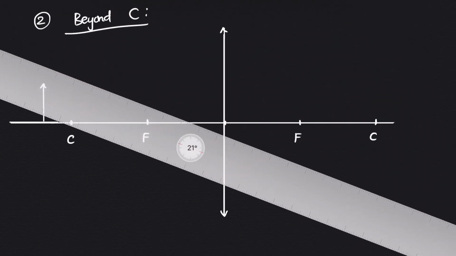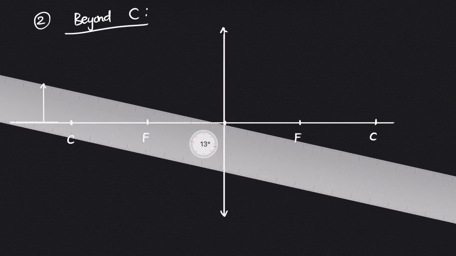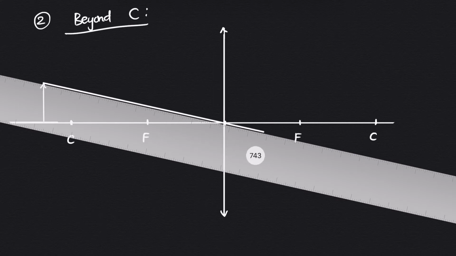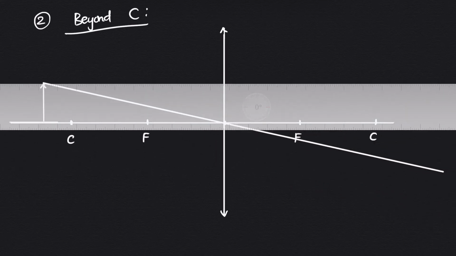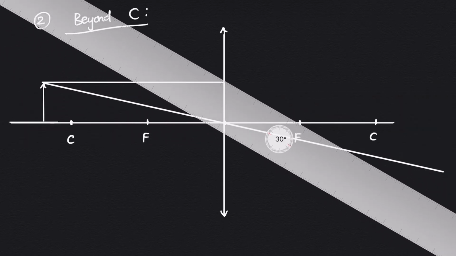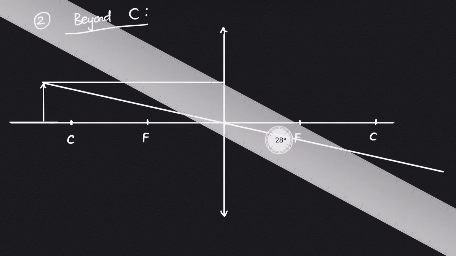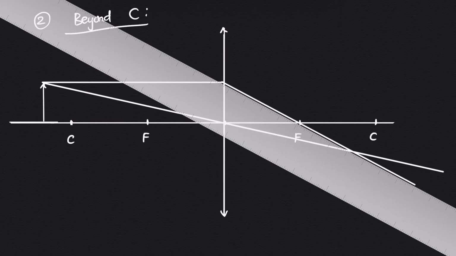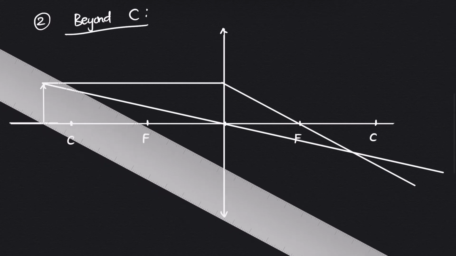So to pass through the center of the lens. The second line is to pass a straight line and then pass it through the focus. Next, draw a line passing through the focus this time.